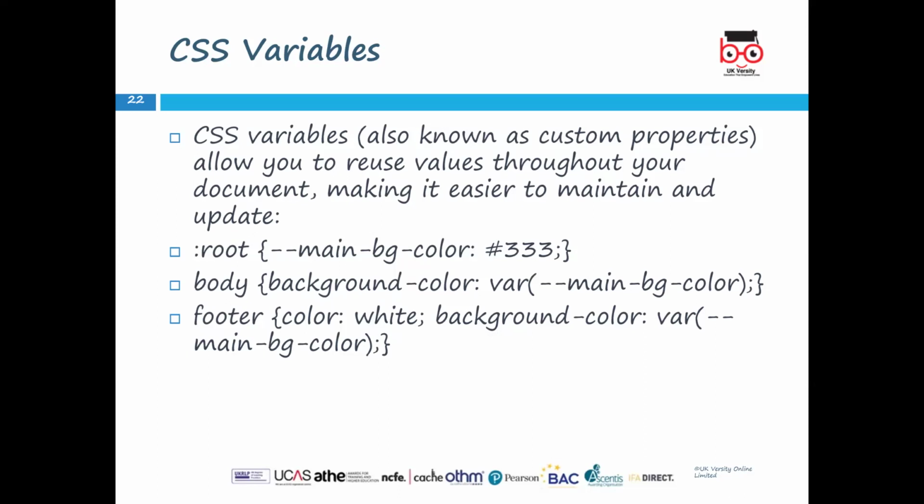So we declare the CSS in a way that we know that in the future we might need to change them for any sort of reason. Maybe we want to run updates, or maybe we want to restyle our web page. So we're now going to use CSS variables, also known as custom properties.